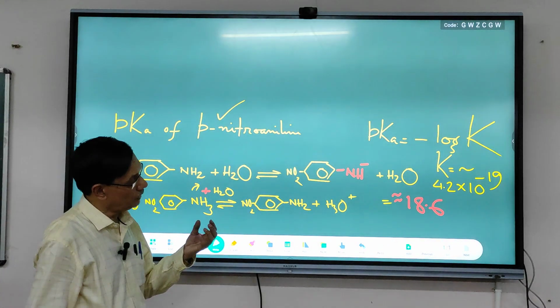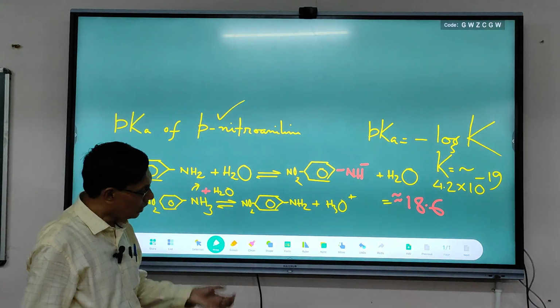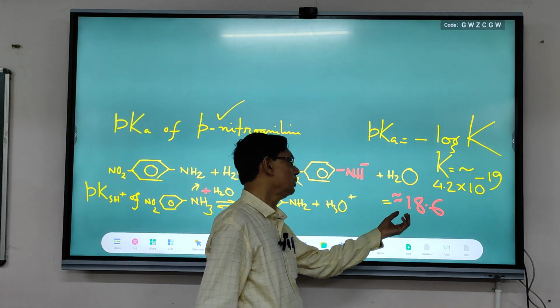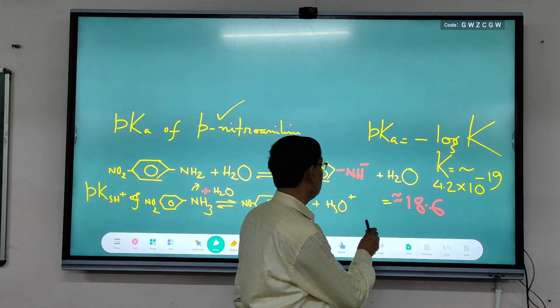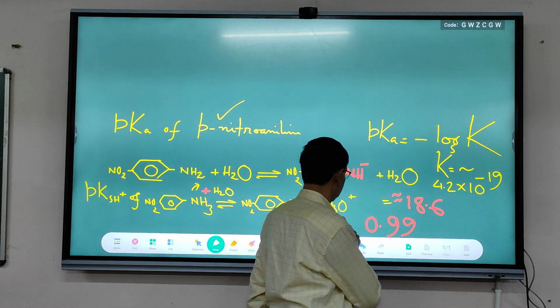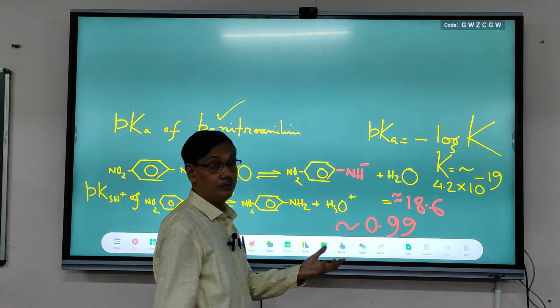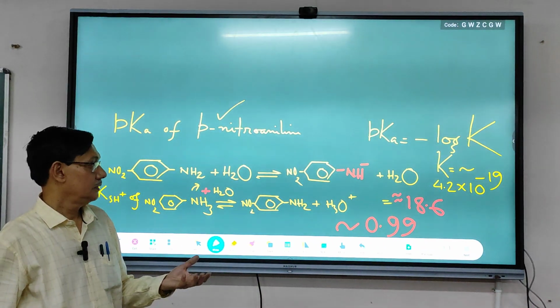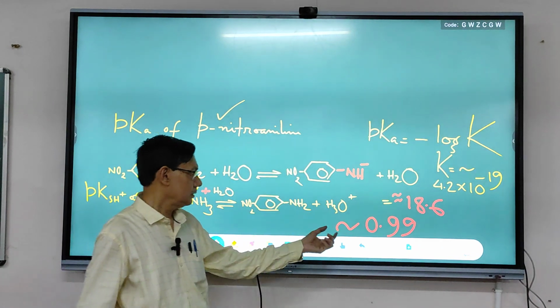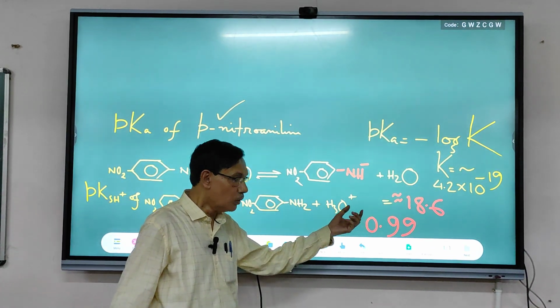But the most important point, you will be surprised to know, is that the K value is only 0.99, around 1, instead of 4.2 into 10 to the power minus 19. So you can understand that of course this method is more convenient.